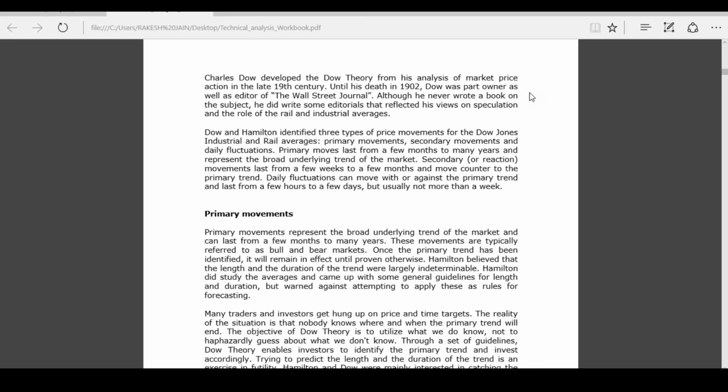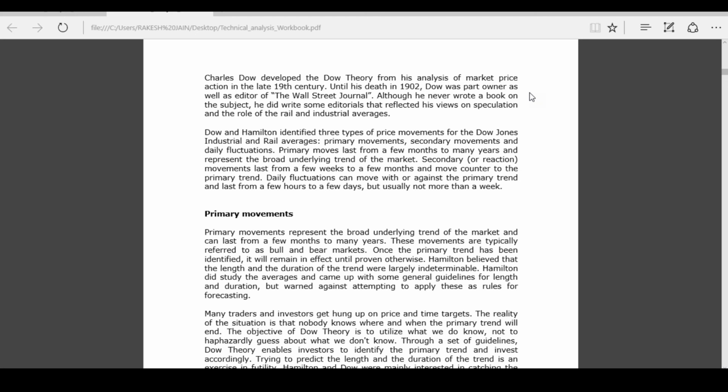So we say that the stock is in a primary uptrend. When the stock is in a primary uptrend, we say that the stock is very good for buying. There is a lot of demand for that stock. The supply is less. So whenever there is a correction in that stock, you should look for buying that stock.